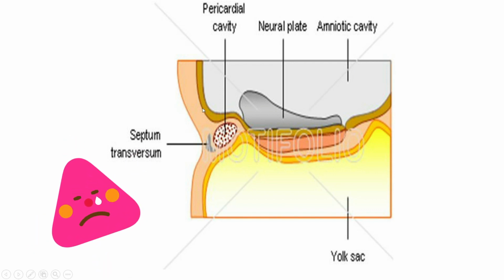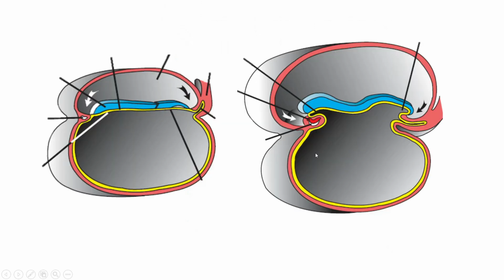Anyways, this is the mesoderm and the pericardial cavity, and around day 22, the mesoderm just above the pericardial cavity becomes thickened as the septum transversum. So this septum transversum here is actually a thickened mesoderm, and initially it lies above the pericardial cavity.